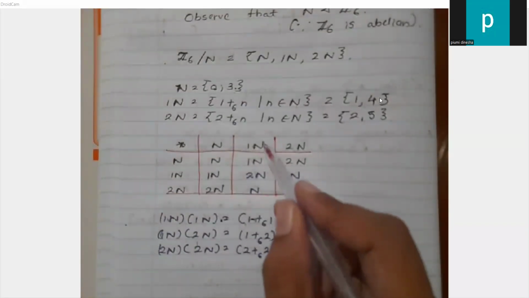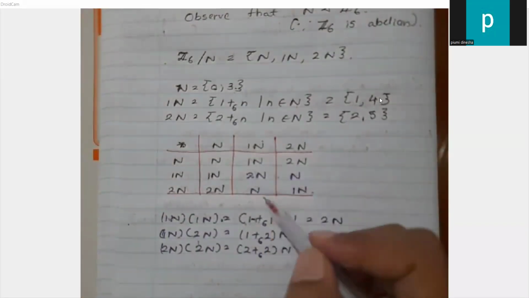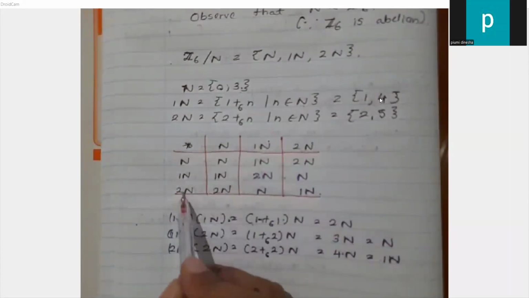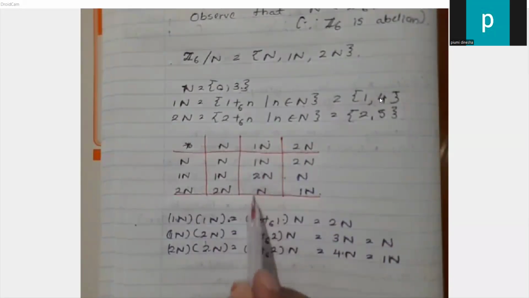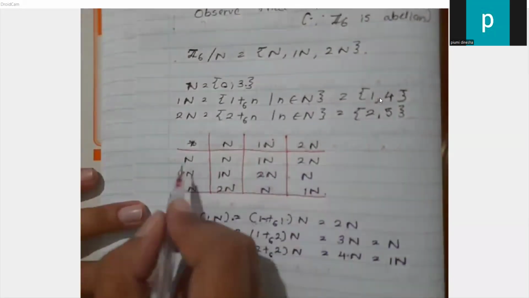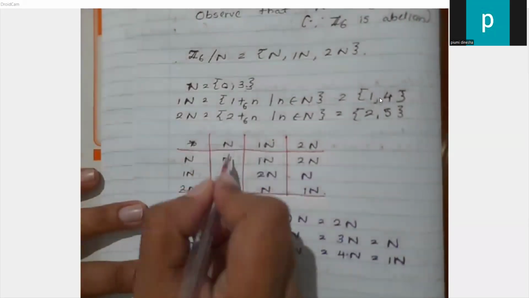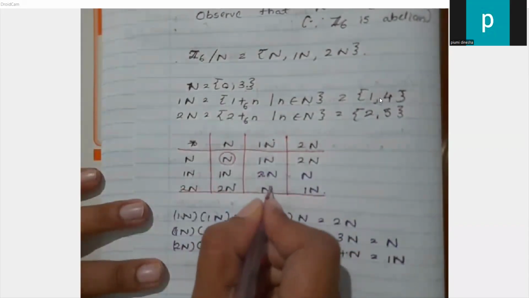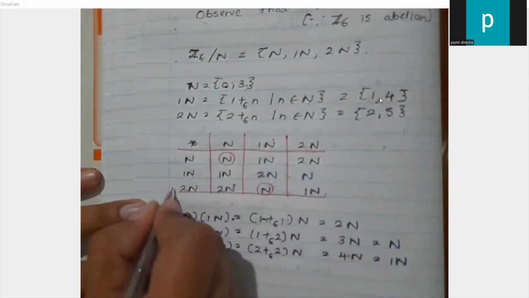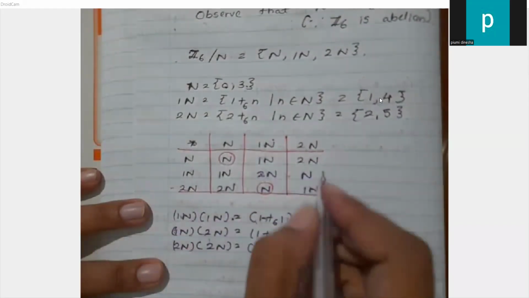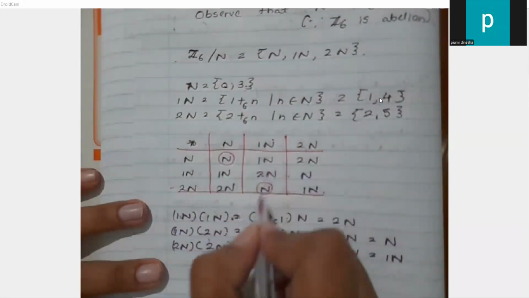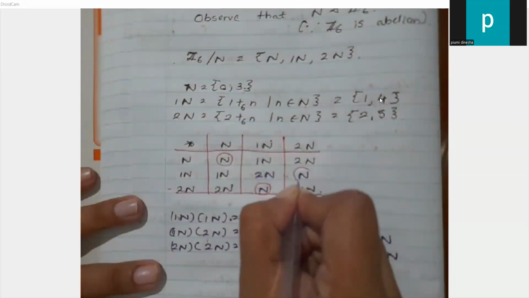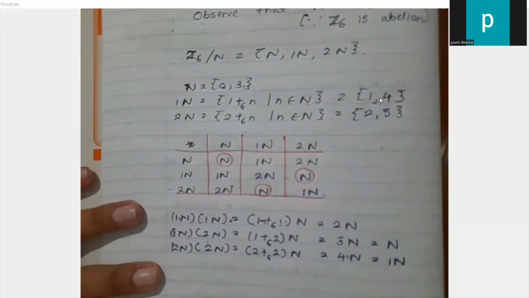We go along this row. It's 2N, because 2N times 1N gives you N, which is the identity. The inverse of N is itself, the inverse of 1N is 2N, because you see N over here. For 2N, it must be 1N, once again, because 1N is the inverse of 2N. As you can see, we see the identity over here.